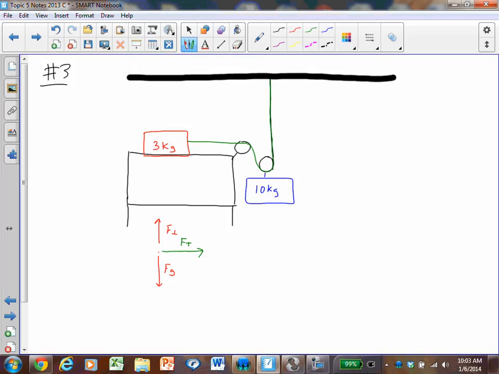Let's go to the 10 kilogram block. What forces do we have on that? Fg, and what else? Tension, but how many tensions do we have? 2. So we have an Ft and an Ft. The same Ft, but we have 2 of them.